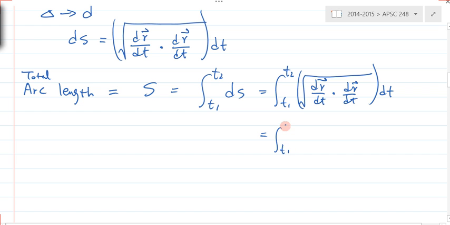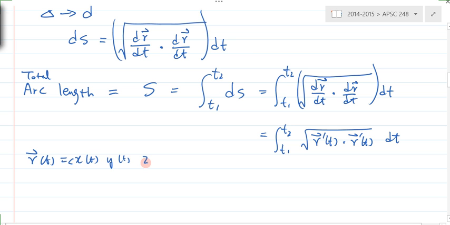Sometimes we use a different notation, where inside here we use prime. Just remember this is basically the same thing. More frequently, we know that r of t is represented using the three functions x of t, y of t, z of t. If you plug these into this formula, what do we get?